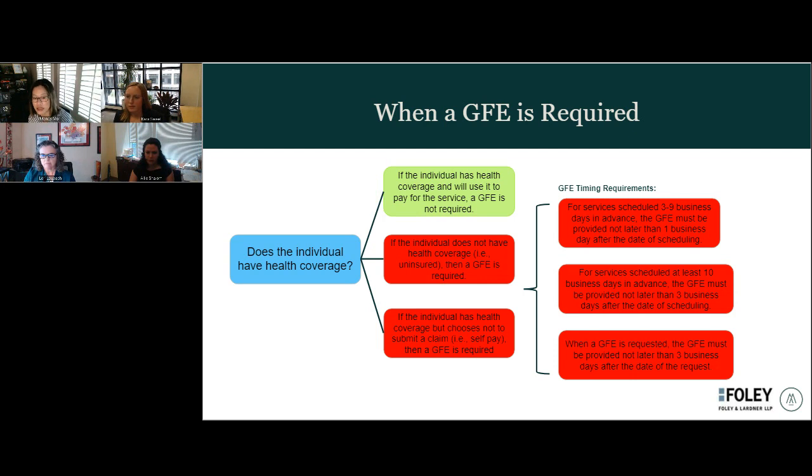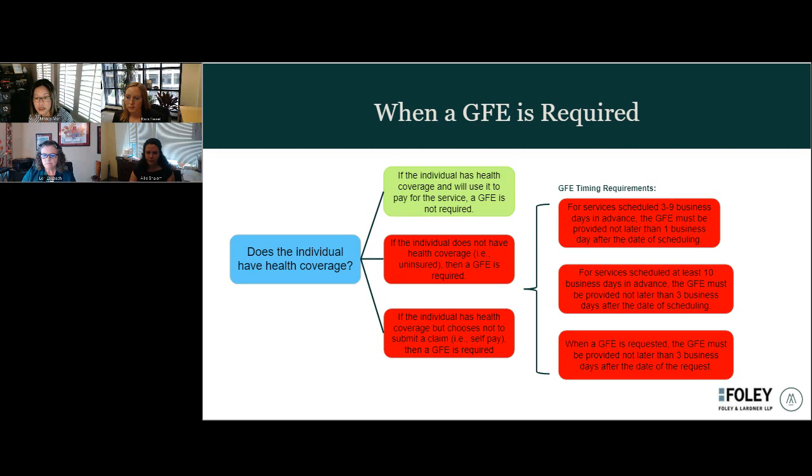The other thing that comes up quite often when we're working with our clients is that some patients are not eligible for insurance at that time but are expected to become eligible. For example, some patients might become eligible for Medi-Cal, but are uninsured at the time of scheduling the appointment or at the date of the request.